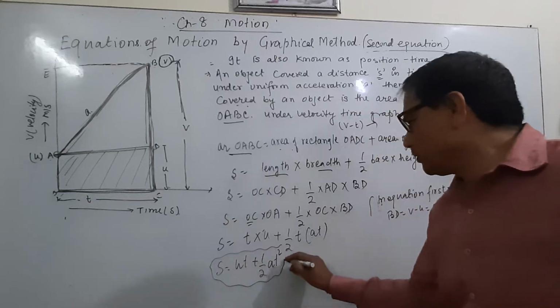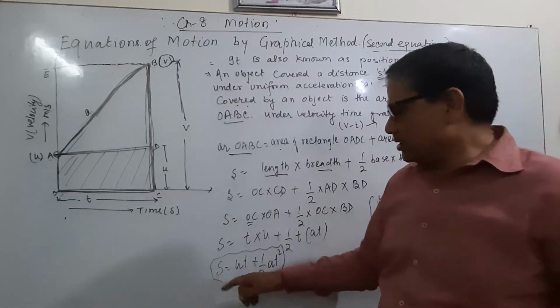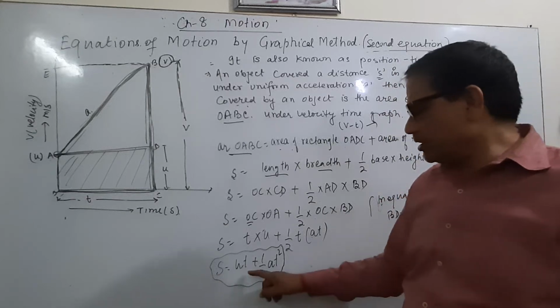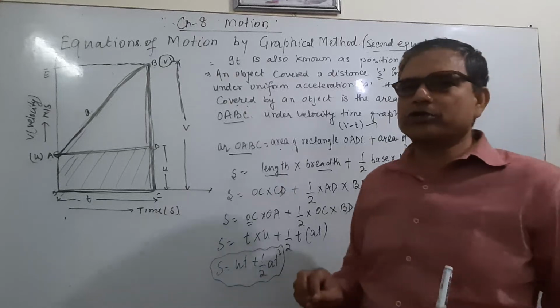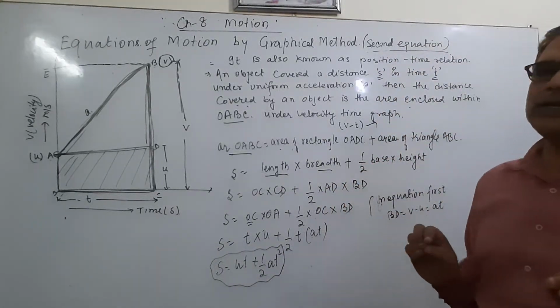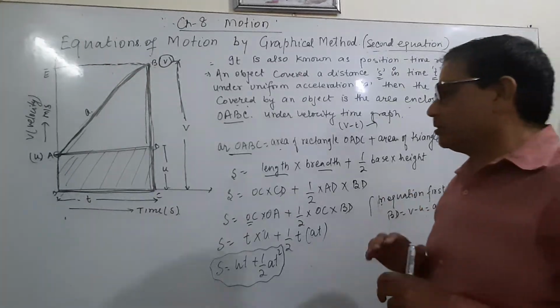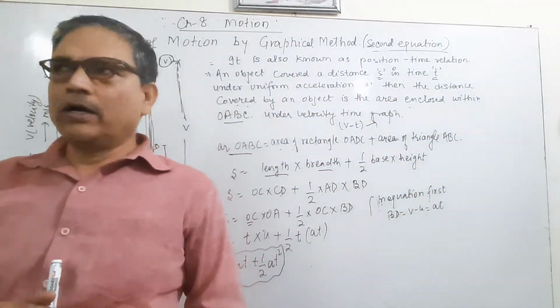This is the second equation. And you know the symbol S is the distance covered, U is the initial velocity, T is the time, A is acceleration. This is the position time relation which represents the second equation of motion. And now the third equation of motion we will prove, and note it down.